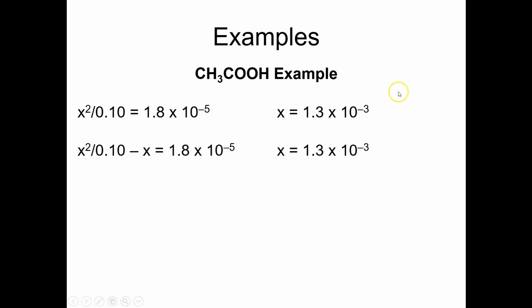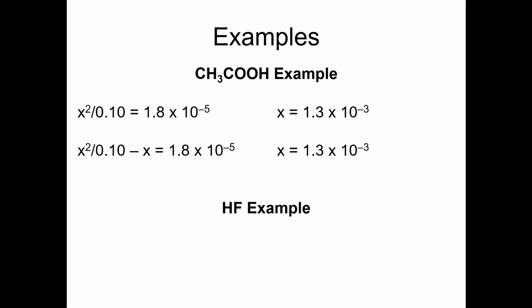If I leave that x in, that forces me to go through a quadratic equation. When I use the quadratic formula to solve it, I get x equals 1.3 times 10 to the minus 3. And so it didn't matter that I went through the quadratic equation. The answer wound up being the same in both cases.